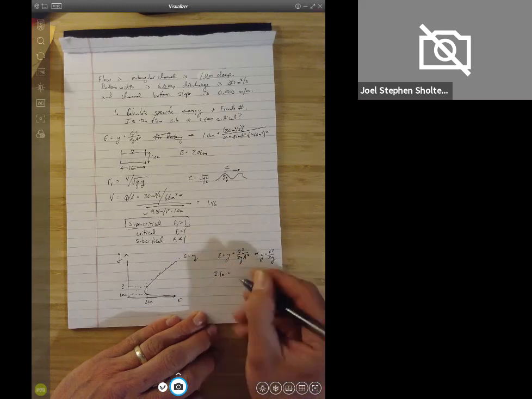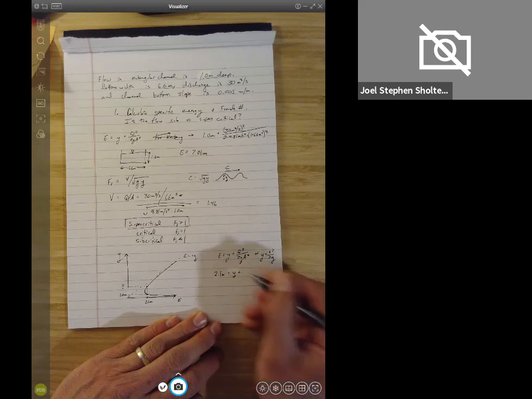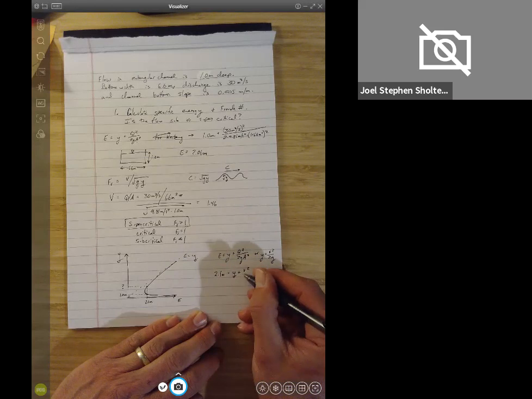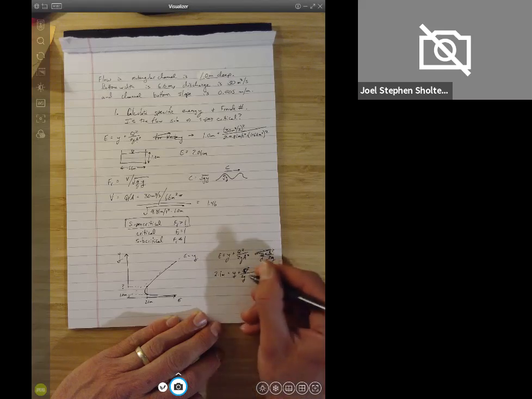That's equal to Y plus Q squared over 2G, and we know area of a rectangle is B times Y, the width times the depth, squared.